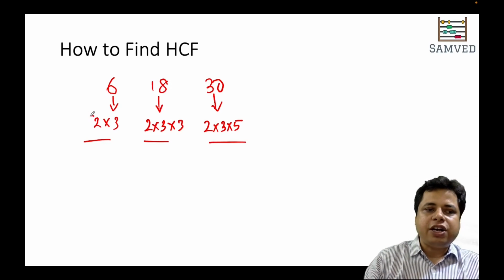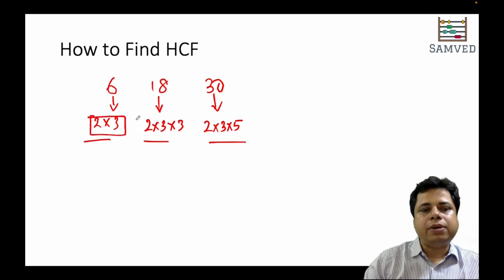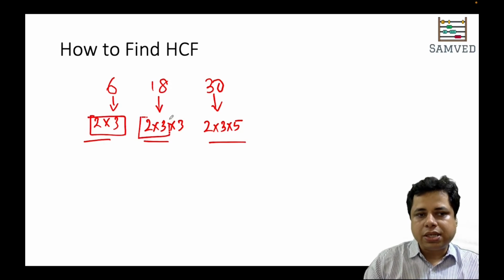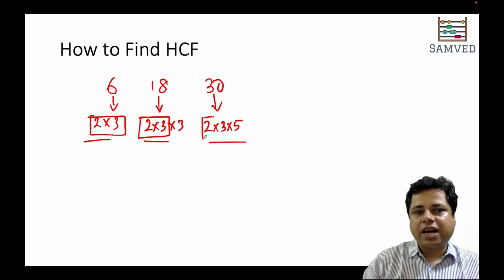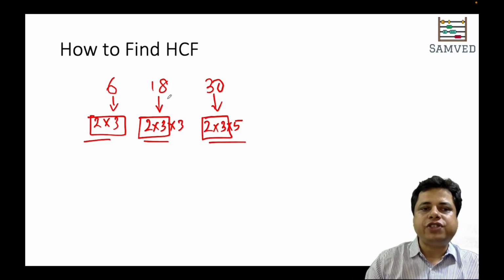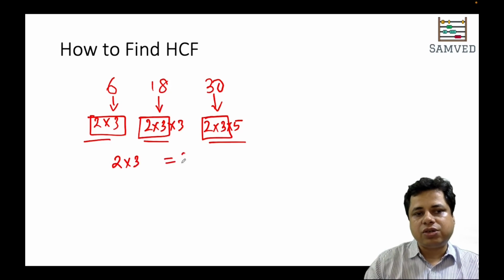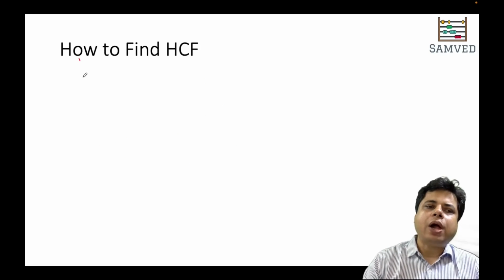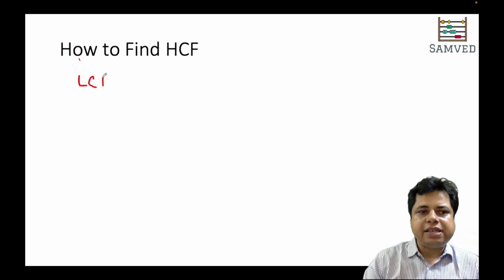So we have 2 and 3 in 6, which is common in 18, which is again common in 30. So the highest common factor of 6, 18 and 30 would be 2 into 3, which is equal to 6.